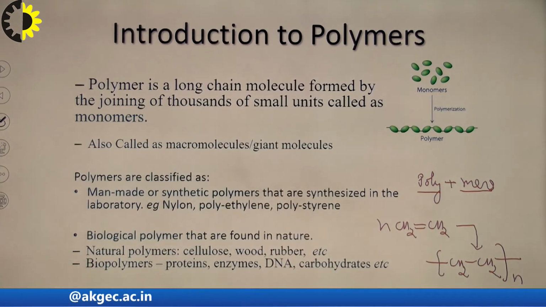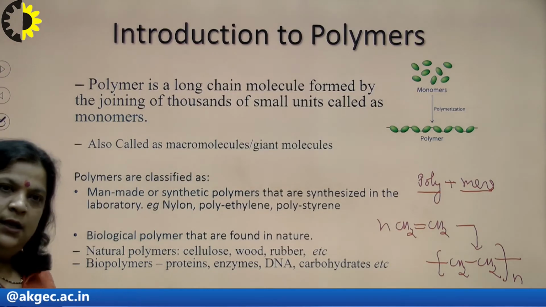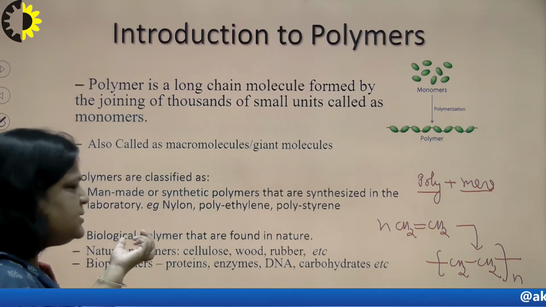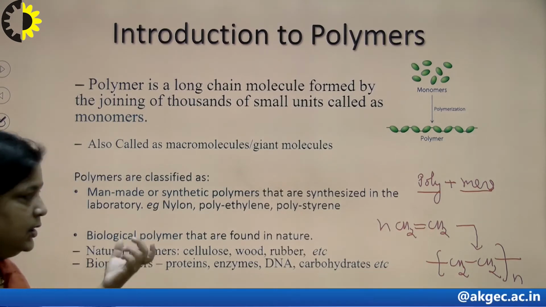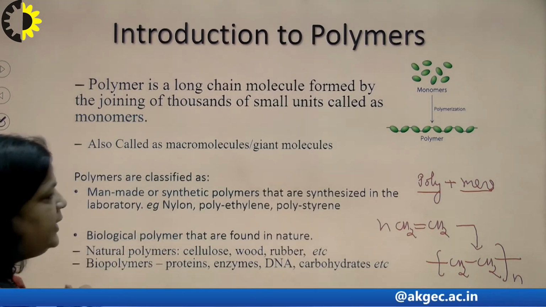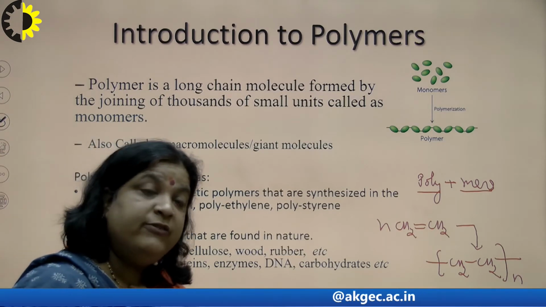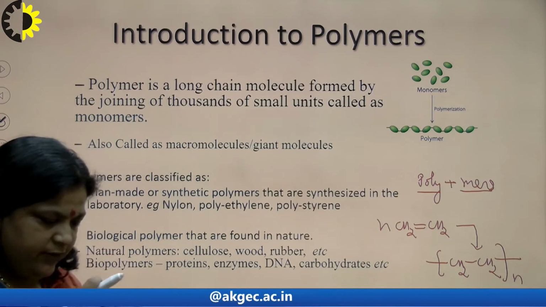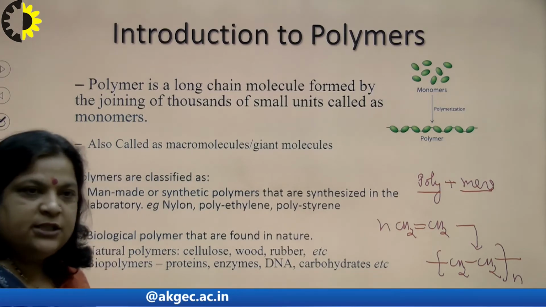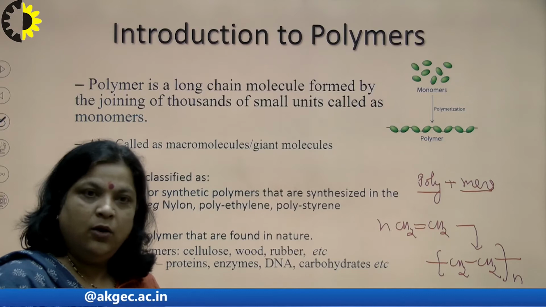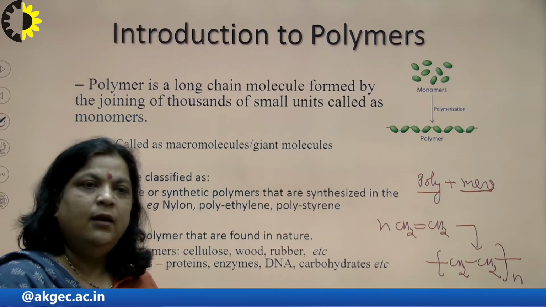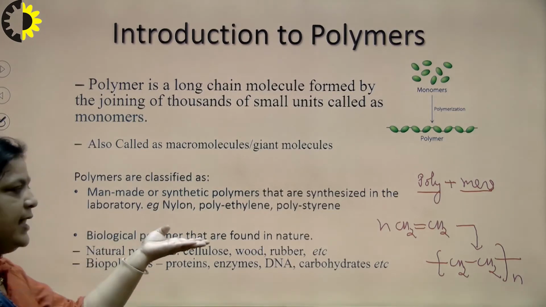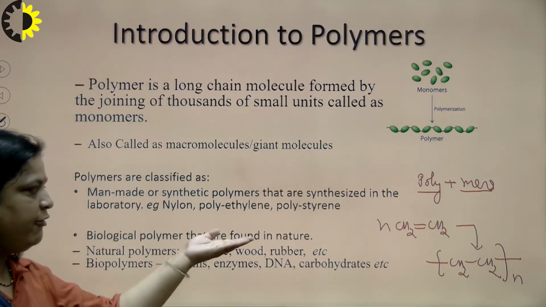Now, polymers can be classified as man-made or synthetic polymers, and biological polymers. Synthetic polymers are those which can be synthesized in the laboratory, like artificial body parts, nylon, polystyrene, PVC, polyester, etc. Biological polymers occur directly in nature.